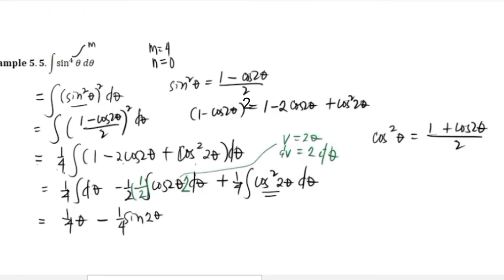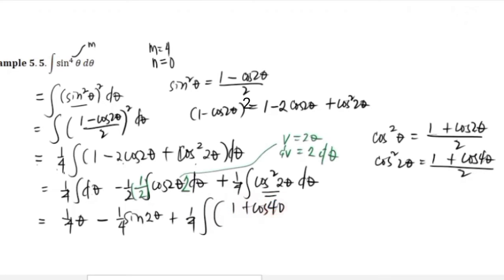So since this is cosine squared 2 theta, therefore 1 plus cosine, times 2 lang natin yung angle natin. So, that's 4 theta over 2. So, plus 1/4 integral of 1 plus cosine 4 theta over 2 d theta.